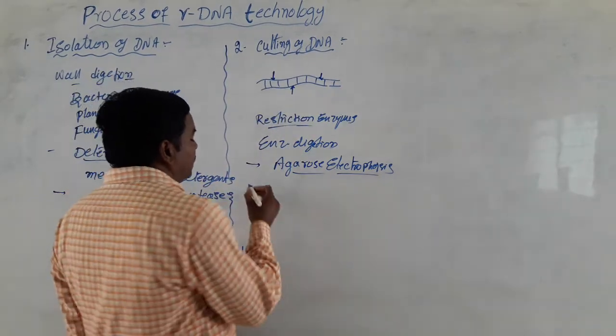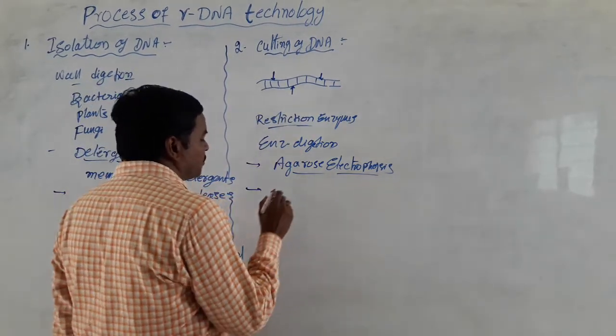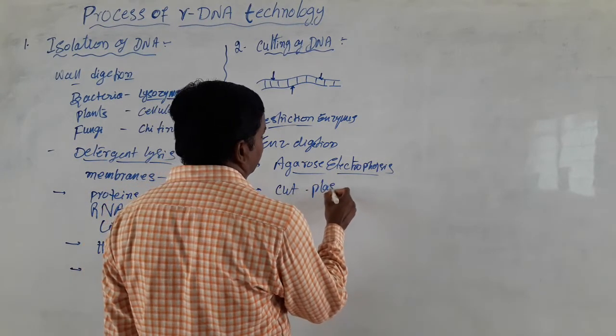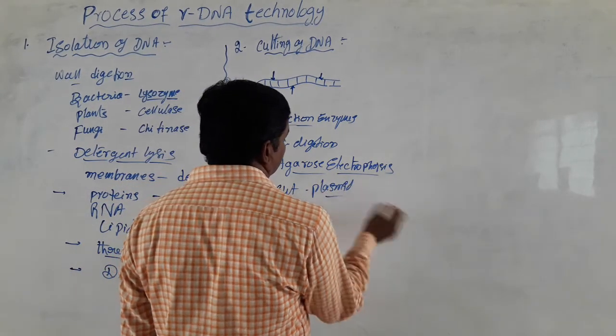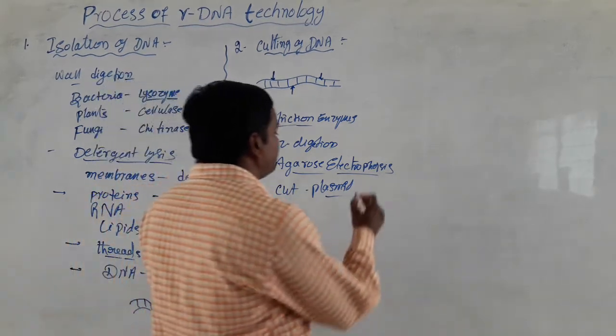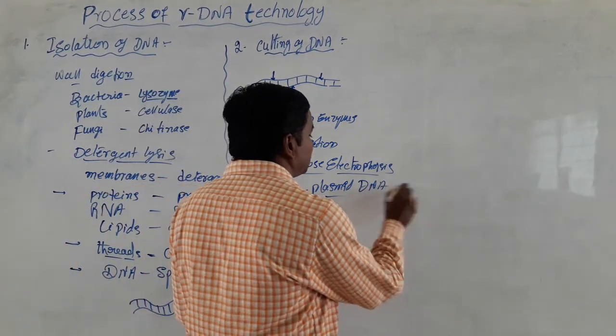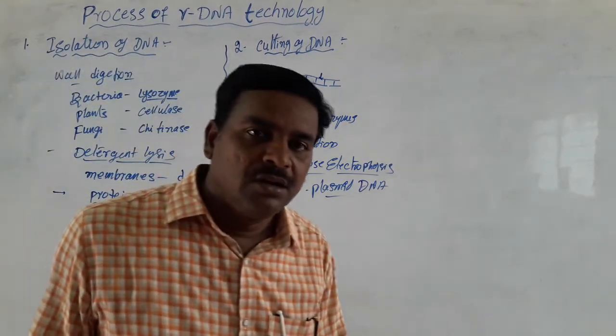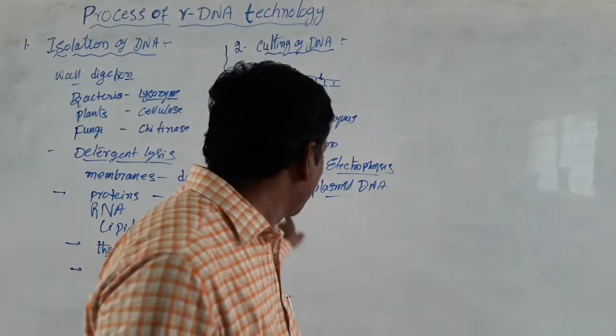Now, the same enzyme is also used to cut plasmid DNA in the next step. The same enzyme must be used to cut the plasmid DNA to ligate this gene of interest into the host.